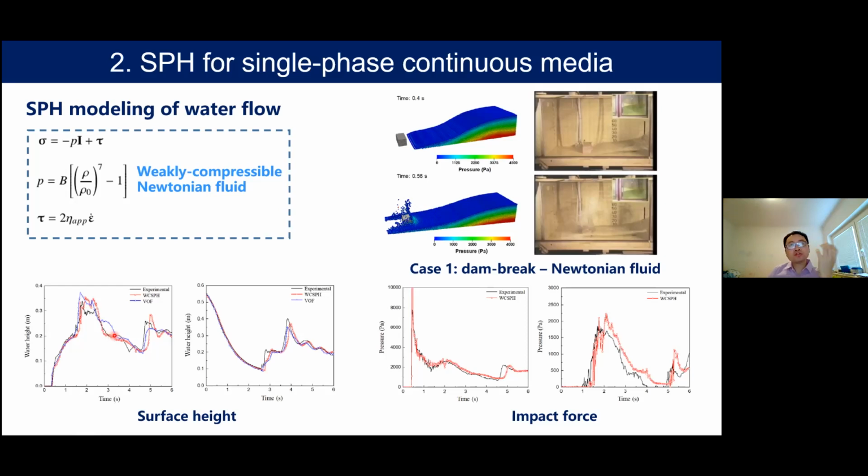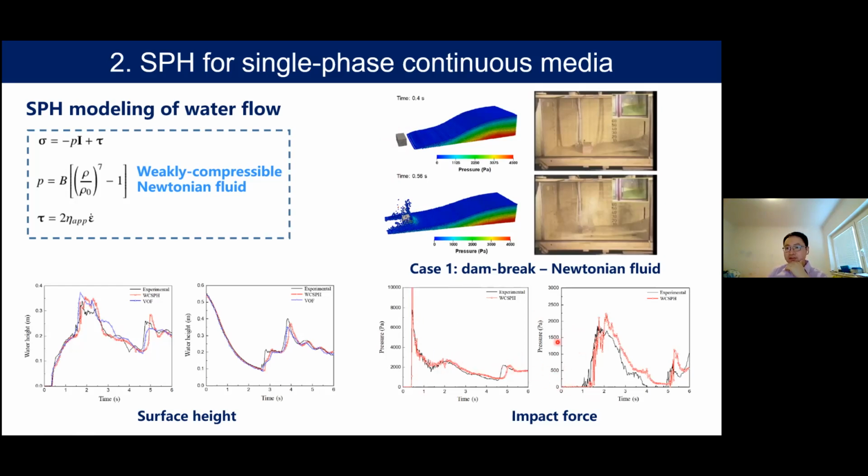And in some cases, for example, you want to know the fluid structure interaction. In that kind of phenomenon, the impact force is very important. So we also measure impact force at a certain point on the obstacle and compare it with the experiment.